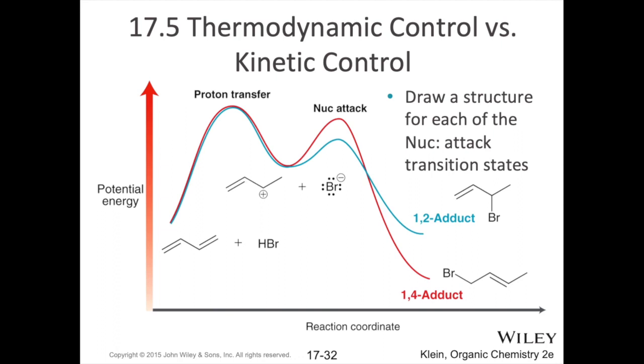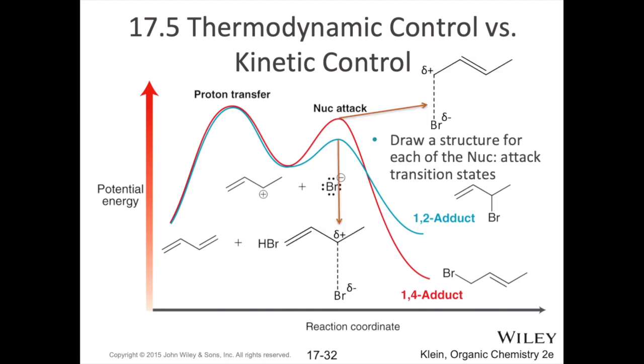All right. So let's understand why there's the difference. Why is the 1,2 adduct the kinetic product, and why is the 1,4 adduct the thermodynamic product? Let's have a look at the transition state for each of our carbocations. Over here, notice that we have a more substituted carbocation.